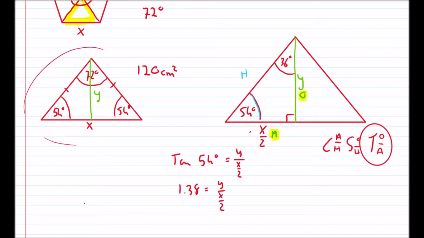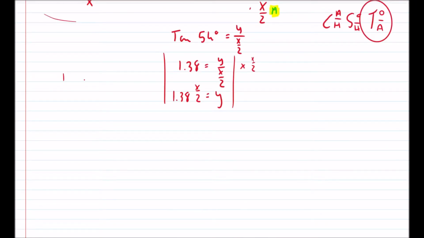I want to know what y is, so I multiply this side by x over 2 to get rid of the x over 2, and I'll have 1.38 multiplied by x over 2. So the height of my triangle is that.